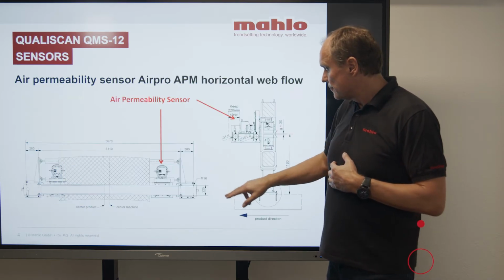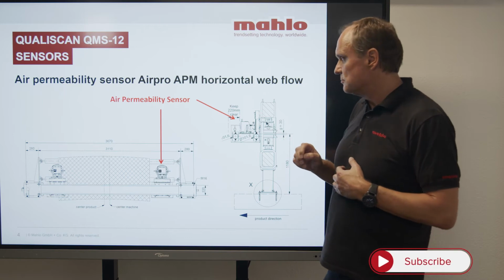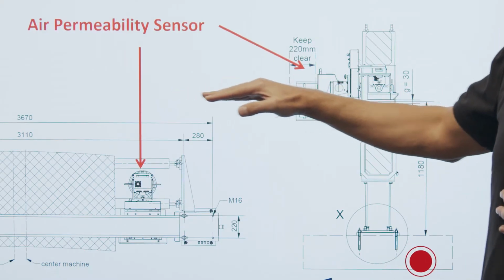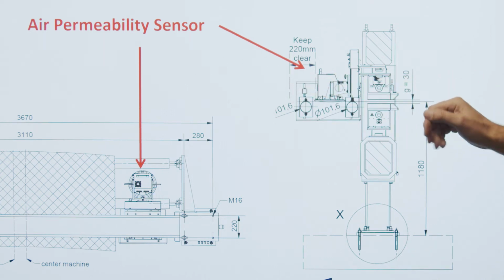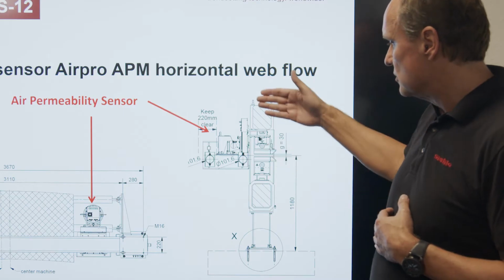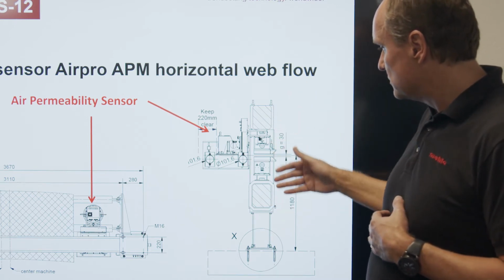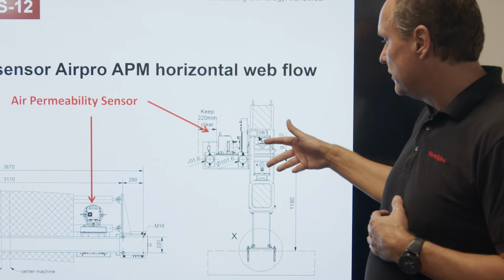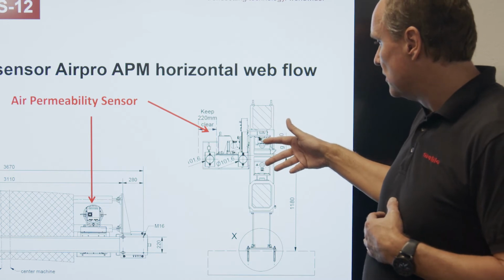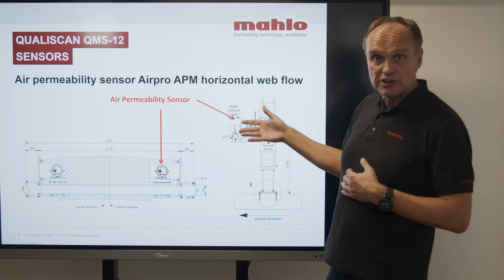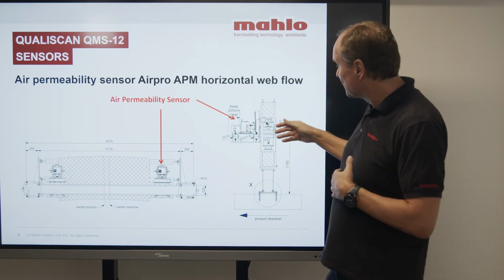When we look at the possible installation, this can work in a horizontal web flow, like in this case. Here we see the cross-section of an O-frame scanner, including probably a sensor for the basis weight or an infrared sensor using multi-channel.